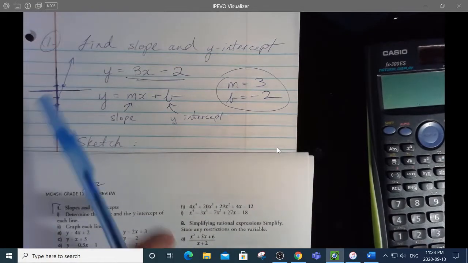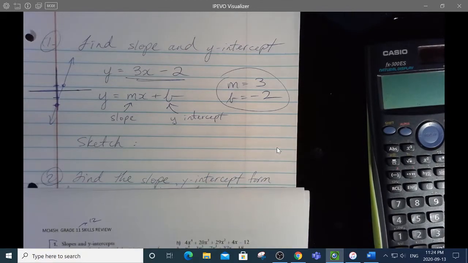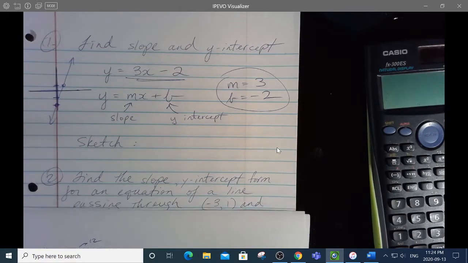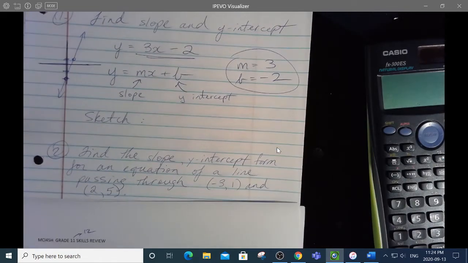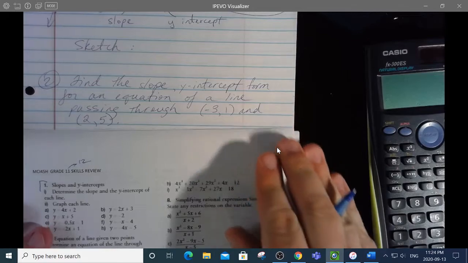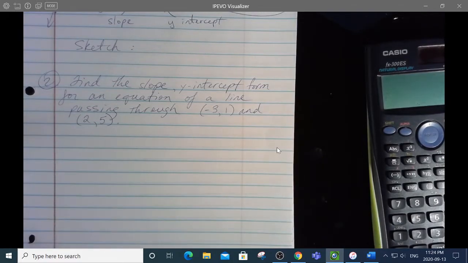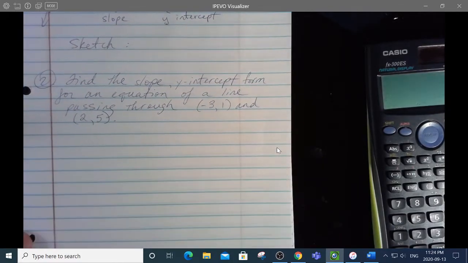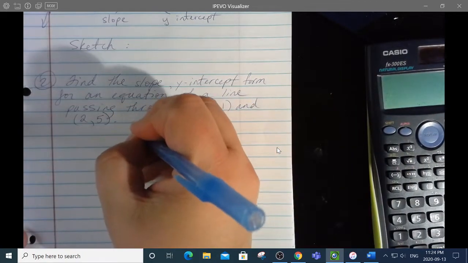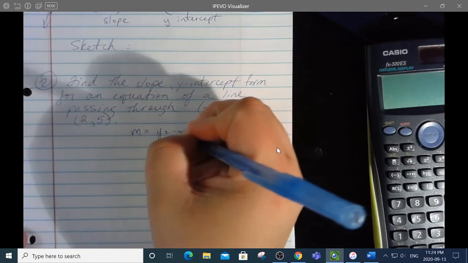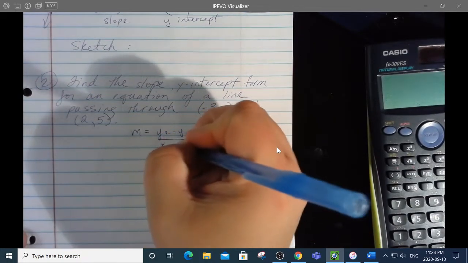I did the sketch right there. And for number 2, all the questions on the sheet ask you to find the equation of a line given 2 points. So I thought I'd run through an example of how to do that. If you're not remembering how, you had a formula for slope: y2 minus y1 over x2 minus x1.